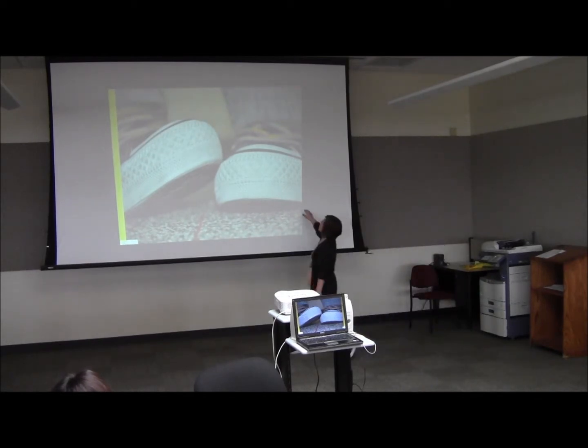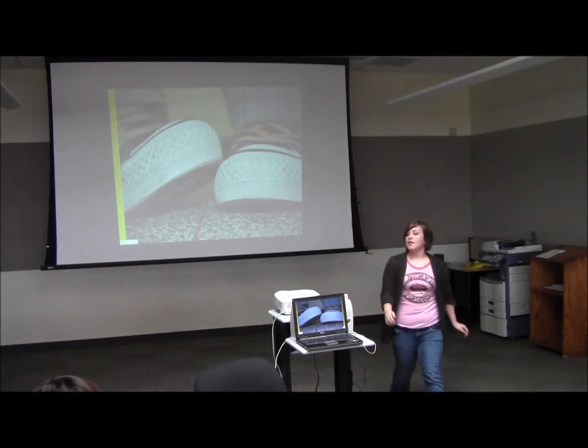The shoe part is in focus, but down here, this is all blurry, and you can't see her shoelaces or her jeans. That would be a small depth of field because this is the nearest point, and it's really in focus, but everything else is not in focus at all.